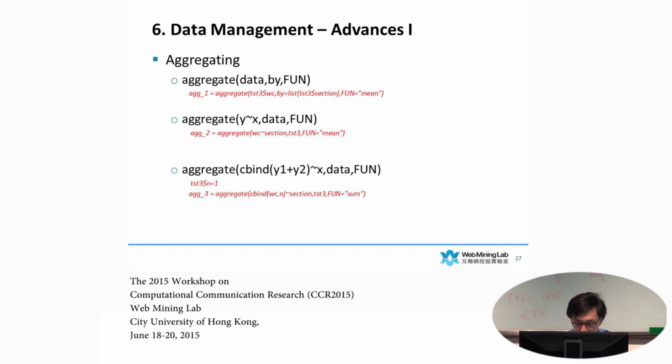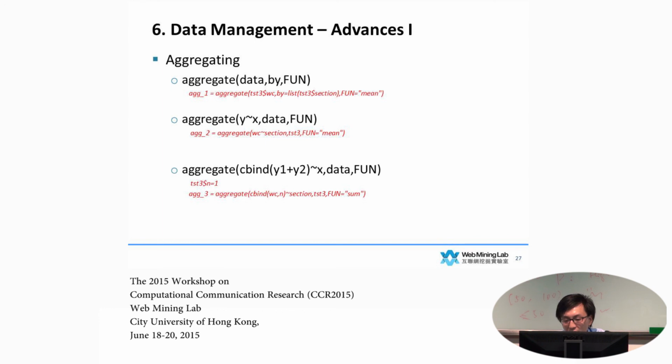We need to do one more thing. We need to create a new variable n equals 1. Why do we need to do this? We create a new variable called n, and all values are the same, 1.